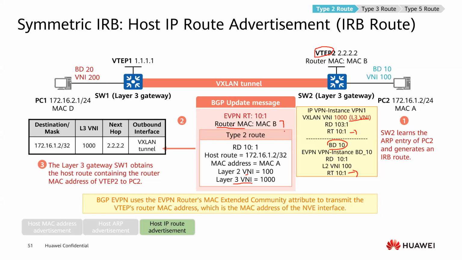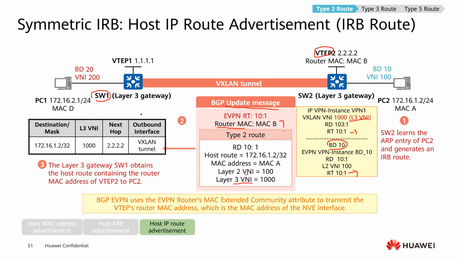And then when switch 1 receives this packet, it will compare the RT values with the local RT value of the IP VPN instance. It will find that switch 1 also has the IP VPN instance, and its import RT value is equal to the RT value in the BGP update message.